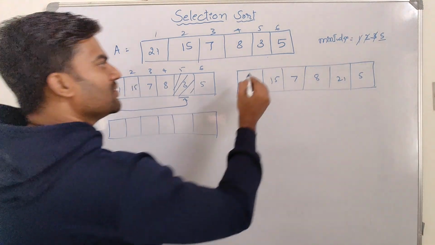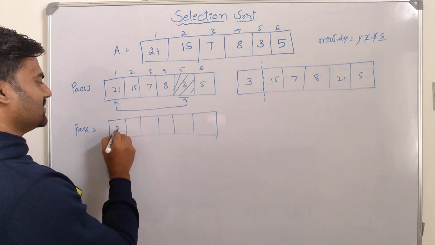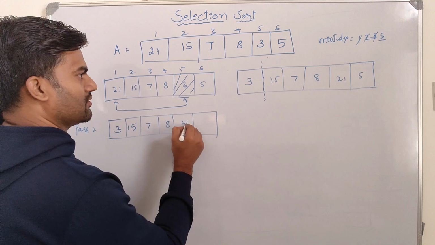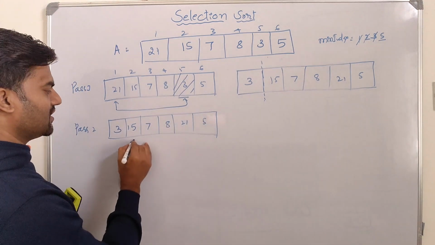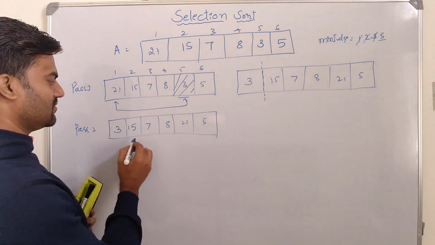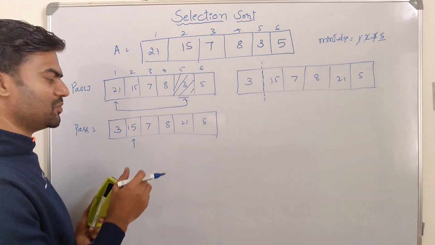Okay. So now this much is sorted. So if that is the case, I will keep the pointer to the next immediate unsorted element. So now this is the place where I want to keep the next minimum element.